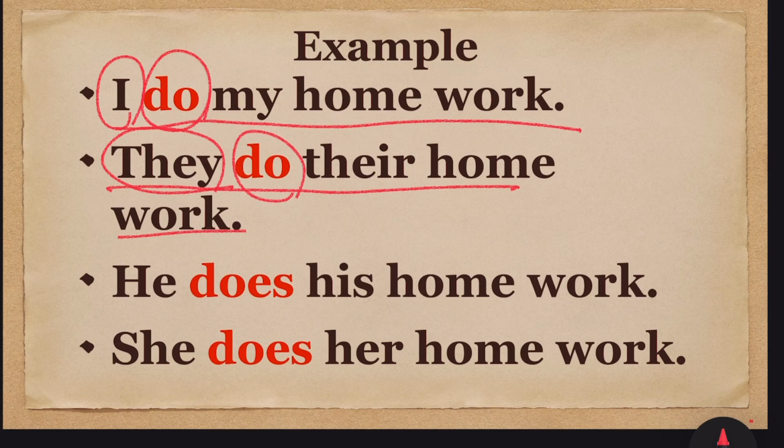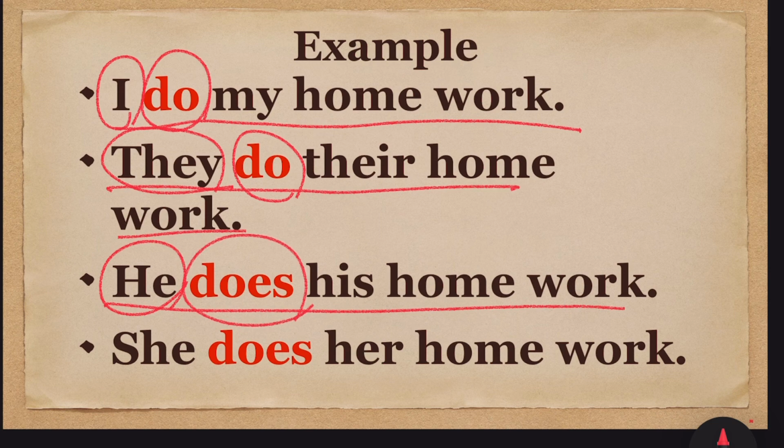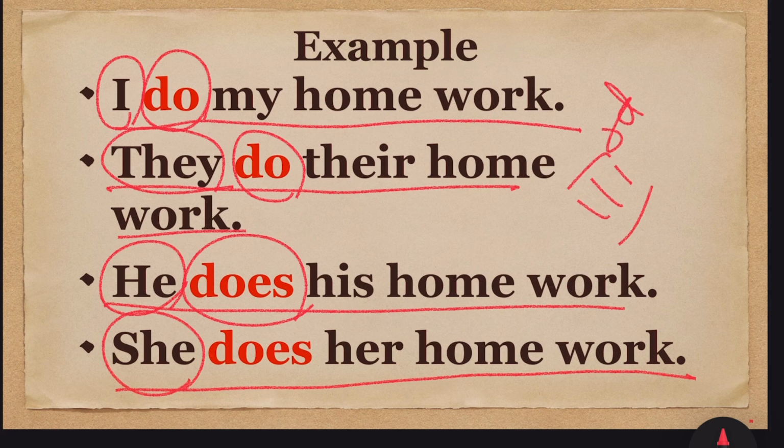And the third sentence, he does his homework. The subject of the sentence is he, that is third person singular. So you have used the verb does. The last sentence, she does her homework. Here the subject is she, that is third person singular. So you have used does as the verb.